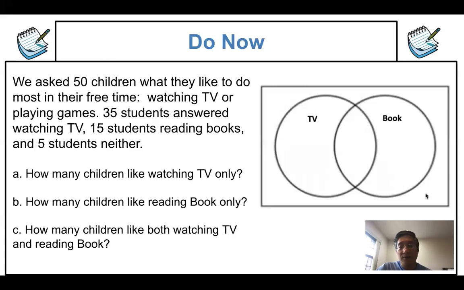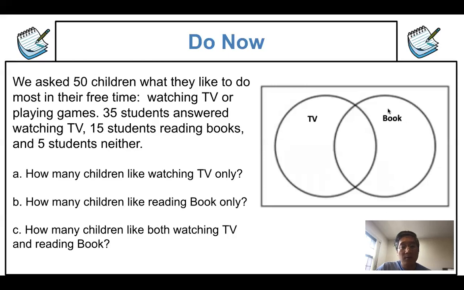You know the 5 students are outside in the region 4, right? Then A union B is region 1, region 2, region 3 added together, which is only if you subtract the neither 5 from the total 50, that will be the union.